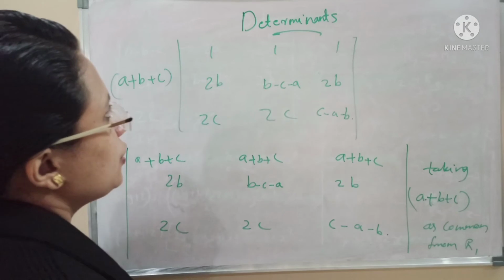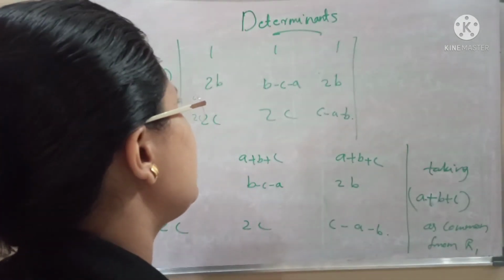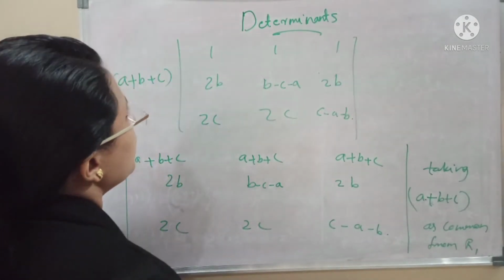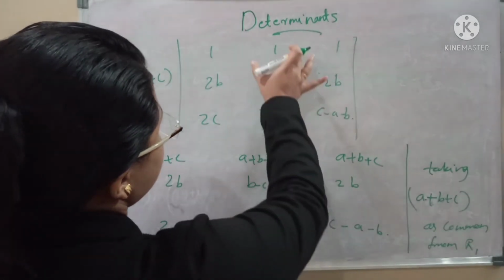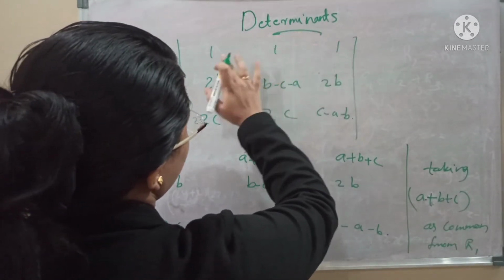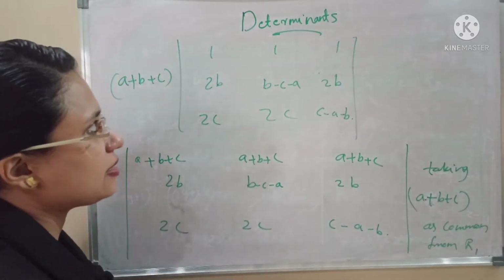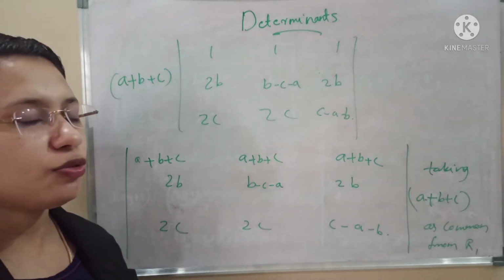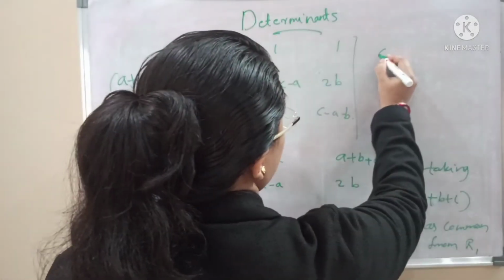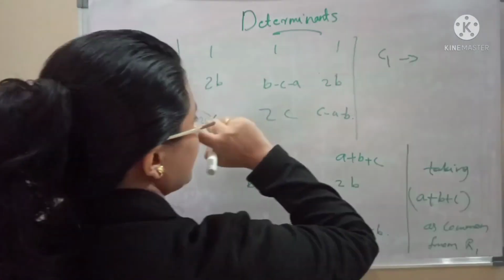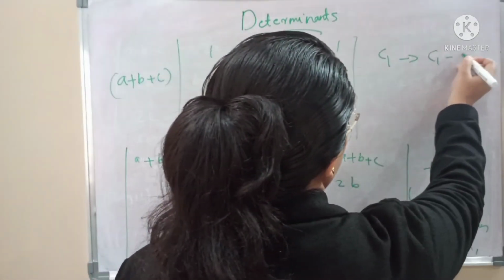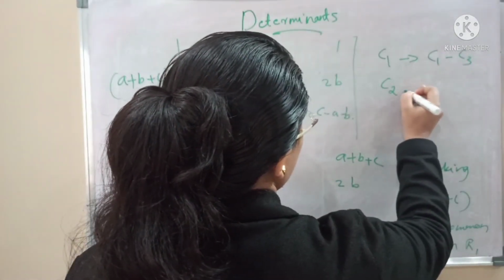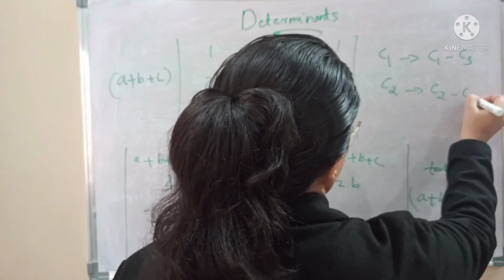So now what is the next? You can make any of two elements in this row 0, right? So for that, what you can do? Just I am doing here, changing C1 as C1 minus C3, C2 as C2 minus C3.